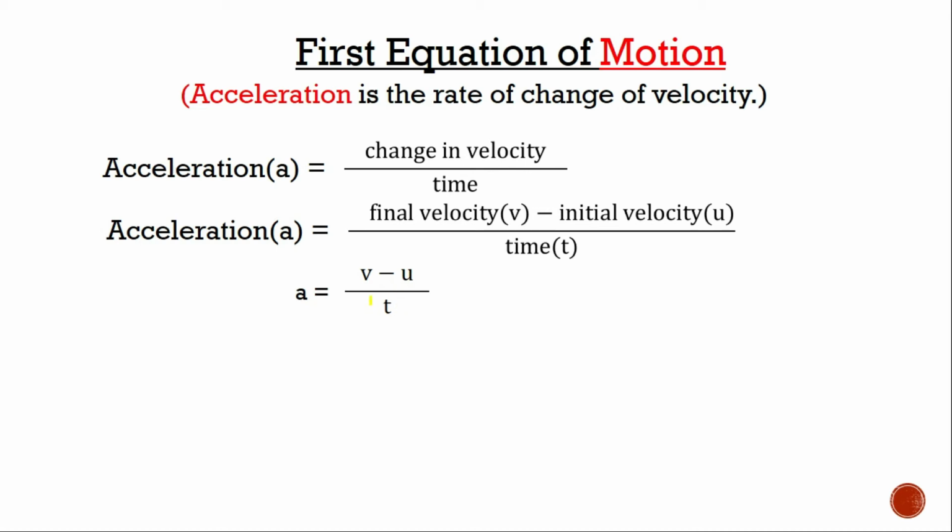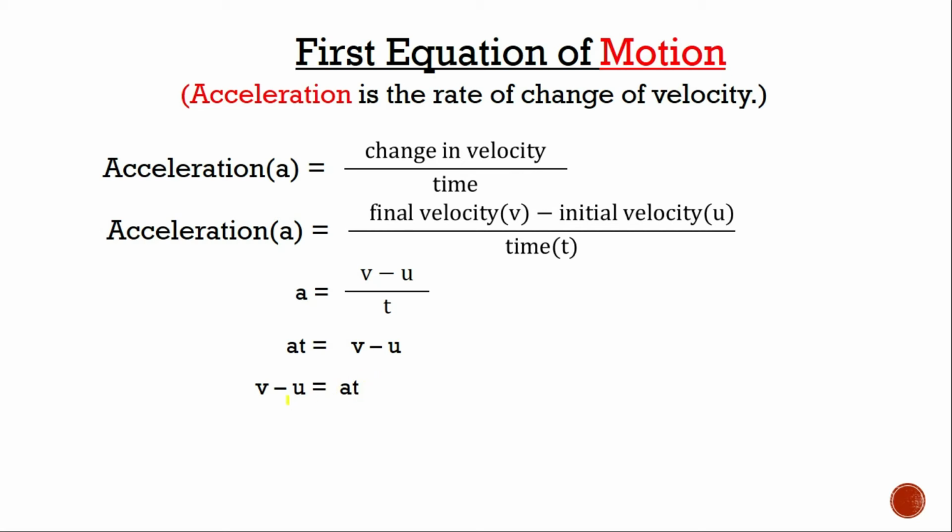We have already used this particular formula while finding the acceleration of the car before. Now if we take this T to the other side, because this T is in the denominator on this side, it will become a part of the numerator on the other side. So our equation will now become AT equals V minus U, which can also be written as V minus U equals AT.